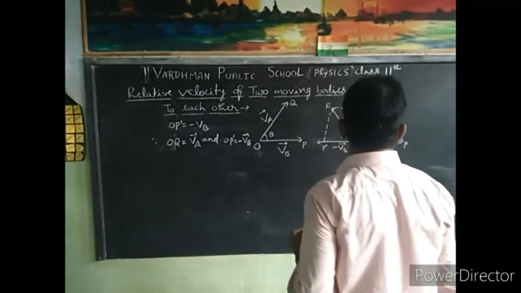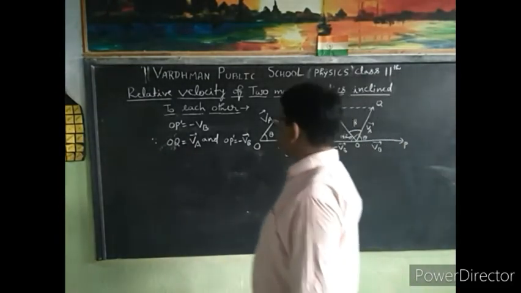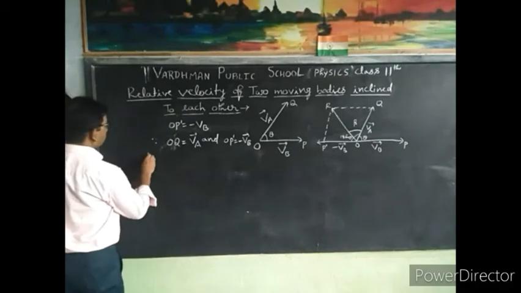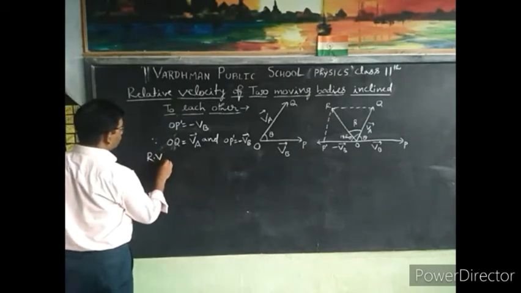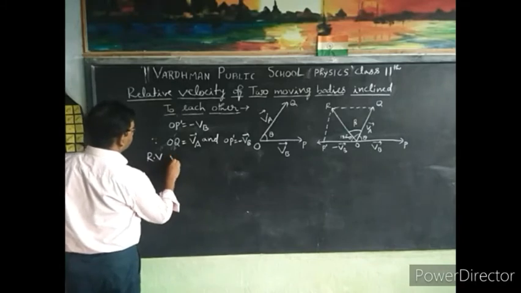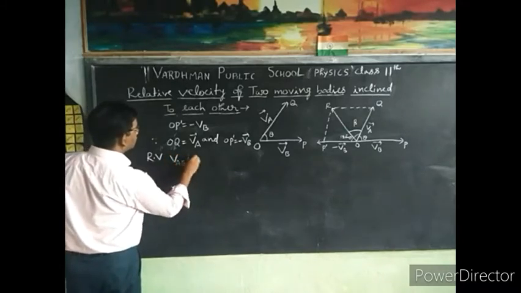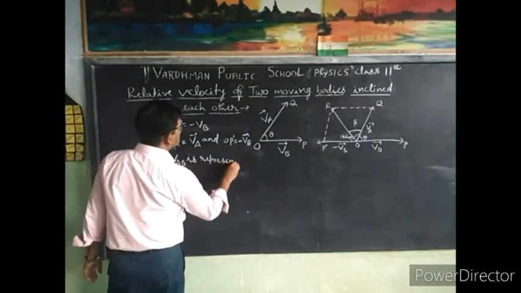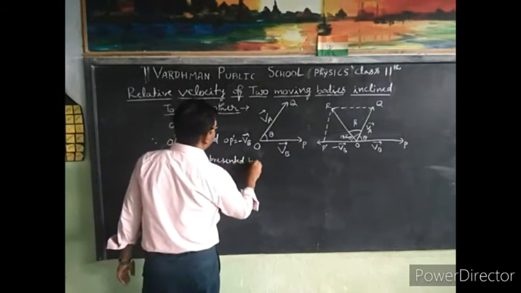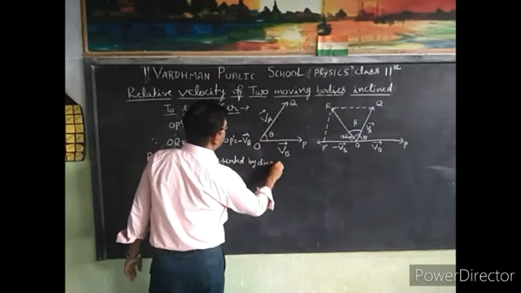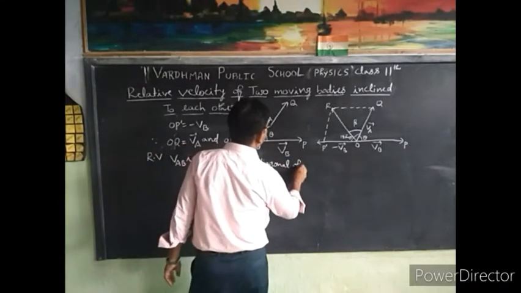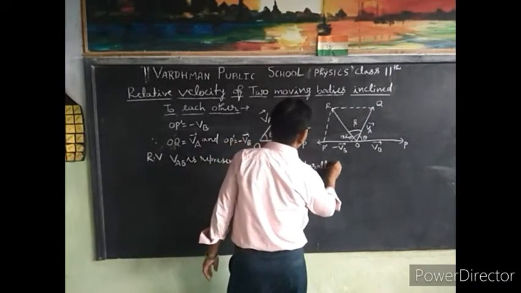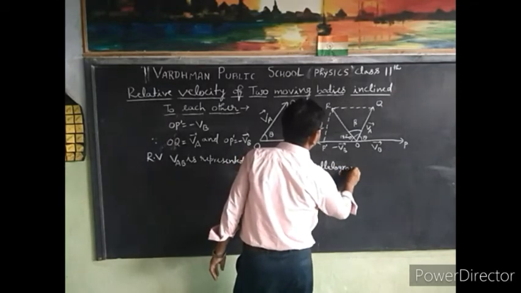Thus, the relative velocity VAB is represented by the diagonal of the parallelogram.